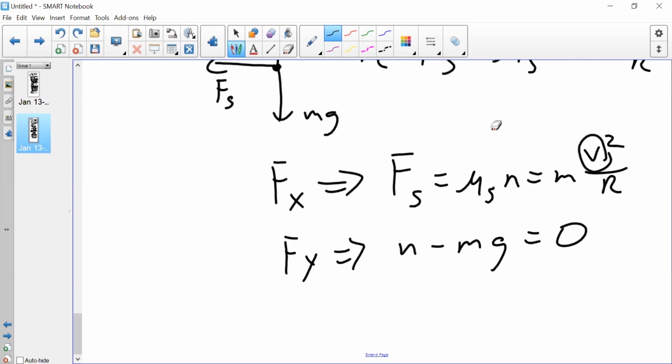So when it's kinetic friction, it's going to point out of the circle? No, when it's kinetic friction, the car is going to skid. There is no force that's going to point outside of the circle. Kinetic friction is always going to be towards the center of the circle. A source of friction is always going to be towards that center.